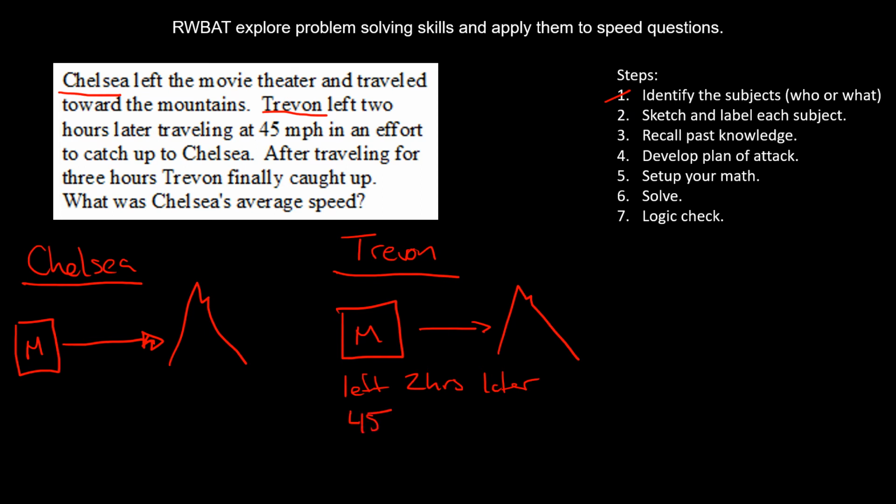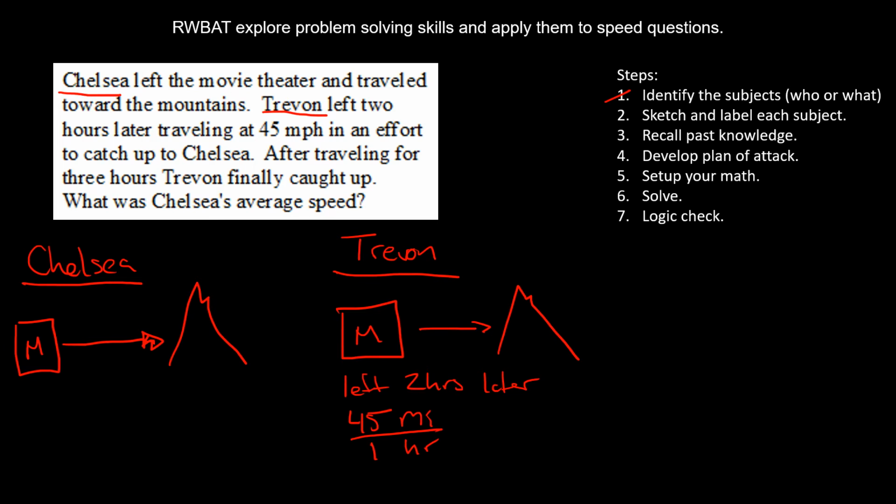And y'all see MPH. That's awesome that you guys know what miles per hour are. But when we talk about units, guys, I want to make sure that we understand what that really means. So he's traveling at 45 miles for every 1 hour. So in 1 hour, he's traveling 45 miles. Cool. This is going to be important when we do some of the math right now.